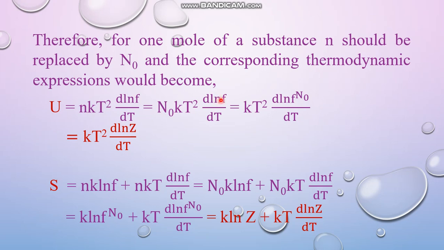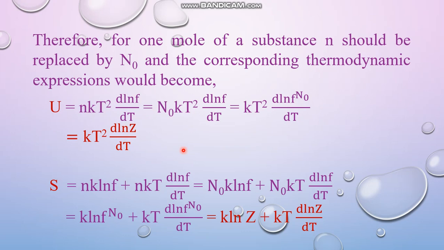Any coefficient of a logarithmic term goes to the power of the thing you are taking the log of. So you are taking the log of f, and it goes to the power of f. So it becomes d ln f to the power n0 by dT, and f to the power n0 is nothing but Z. So this is simply k T square d ln Z by dT. For our convenience, we have introduced this term Z.